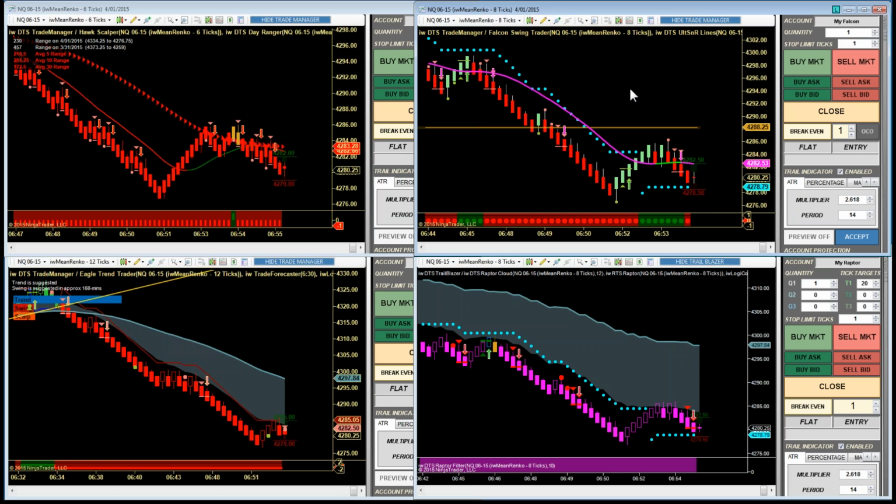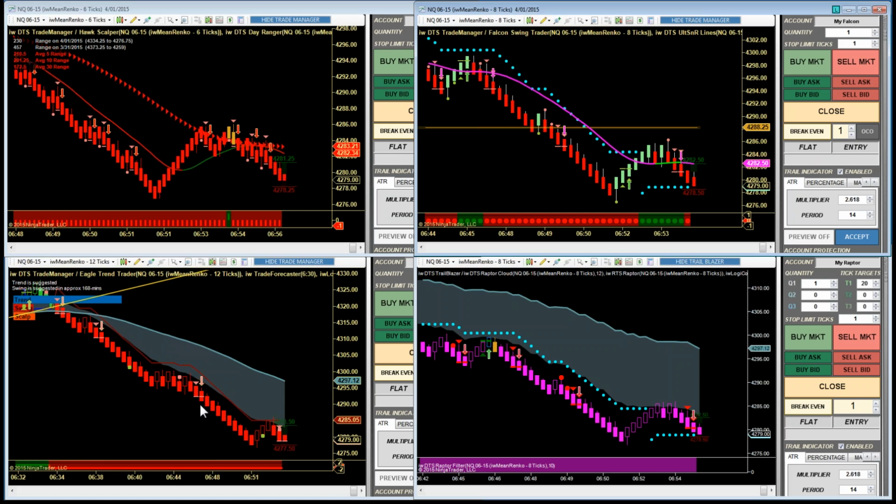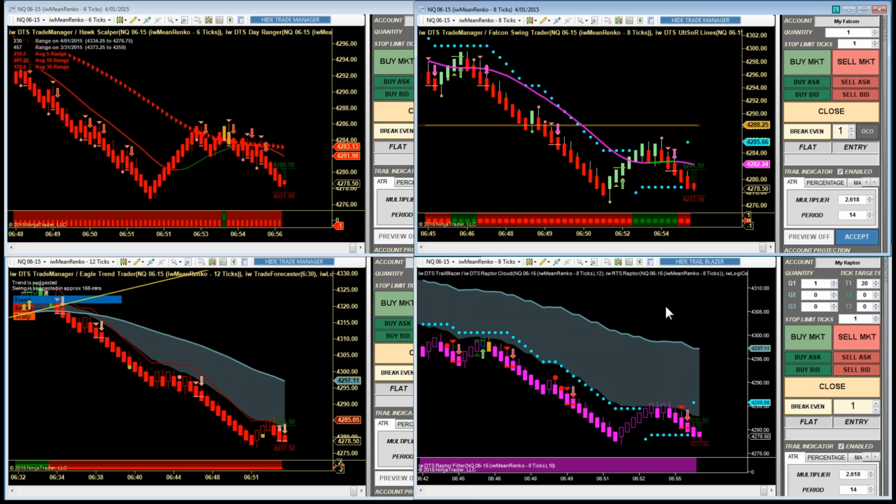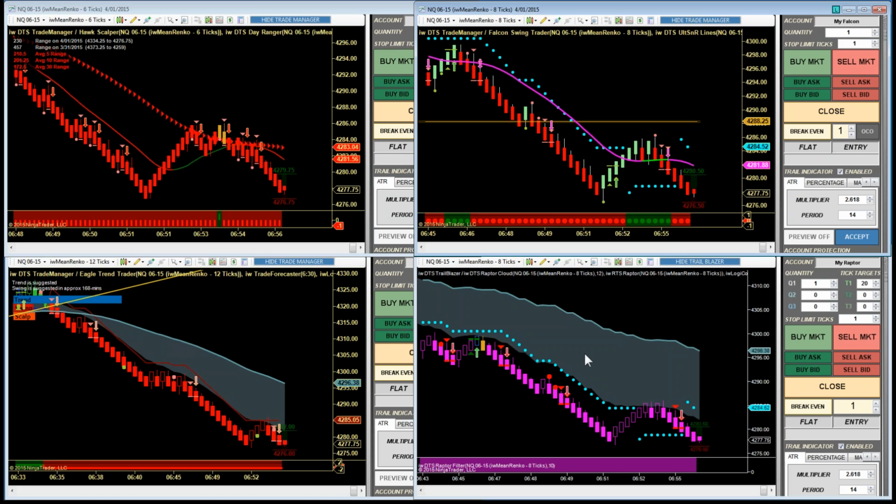But if you want to go with the high probability profit targets across the board, it's 50 on the Hawk, 100 on the Falcon, 200 on the Eagle. And the Raptor is similar to the Falcon, so we're running a $100 profit objective. That would be our high probability profit target.